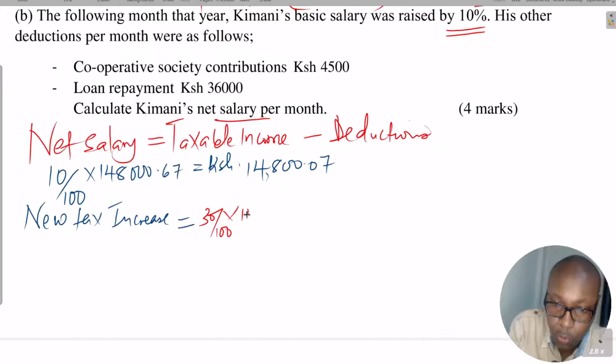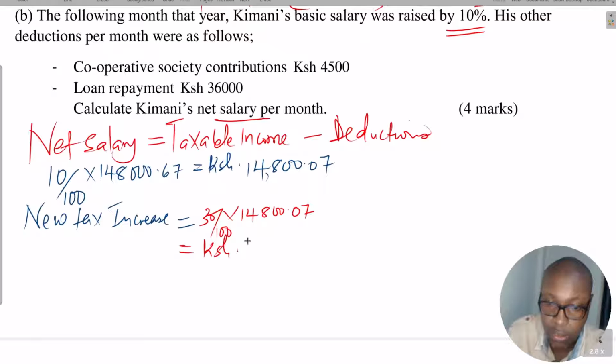So 30% times 14,807 will give us the tax increase. So 30 times 148.07 will give us 44.